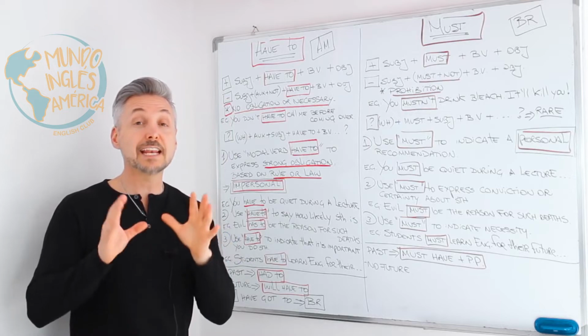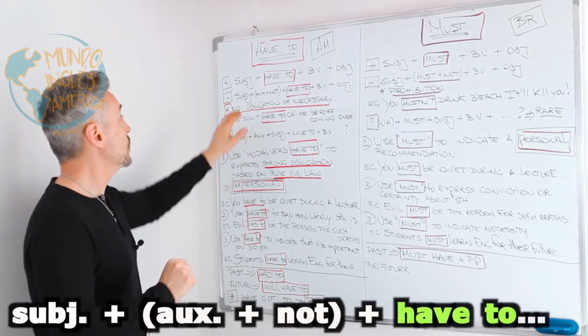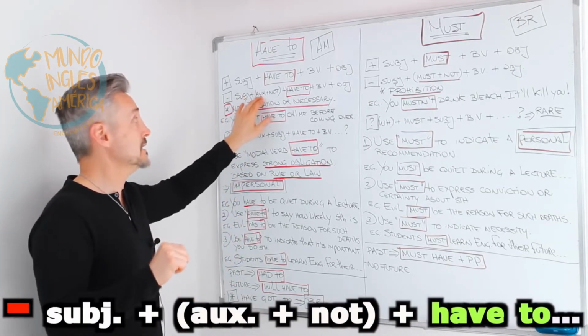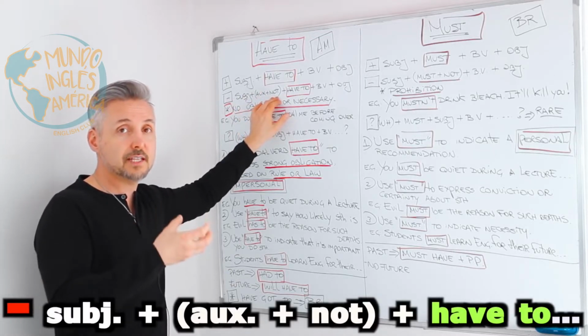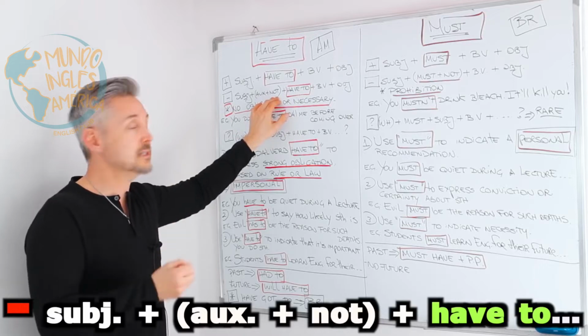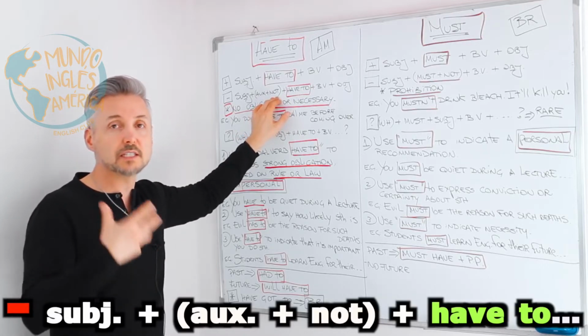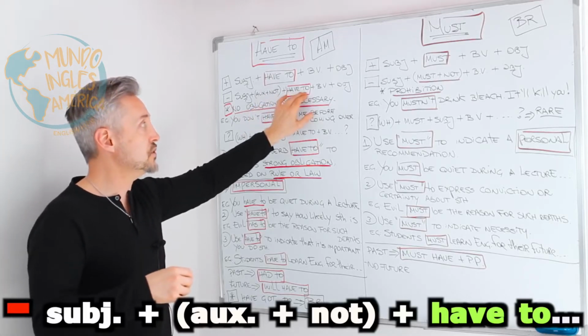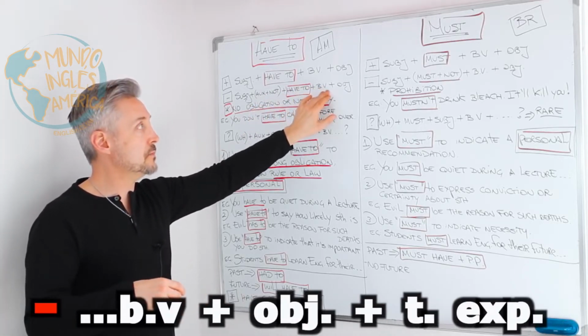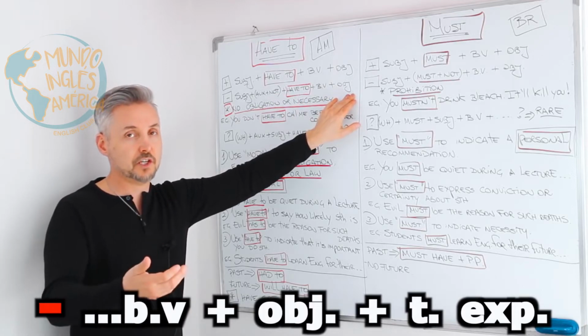When we write a negative sentence instead, we need the subject plus the auxiliary plus not, the auxiliary of the tense we are using in this case. So it could be do, does, did, or will, etc. plus have to, plus the base of the verb, plus object, and then the time expression.